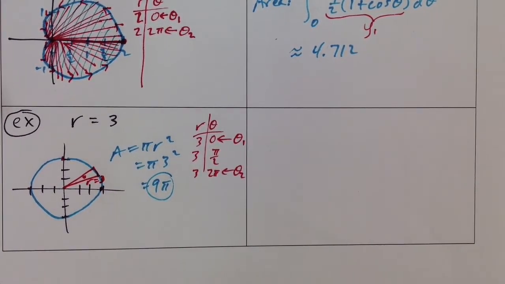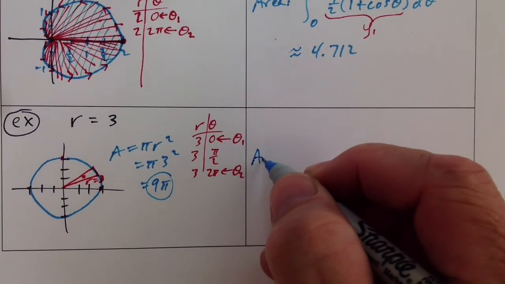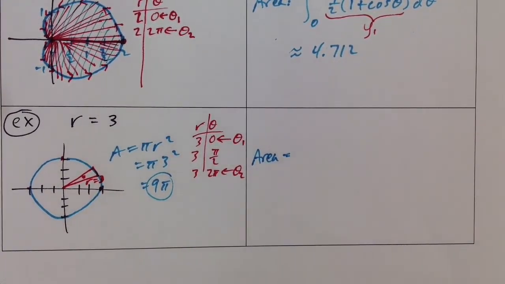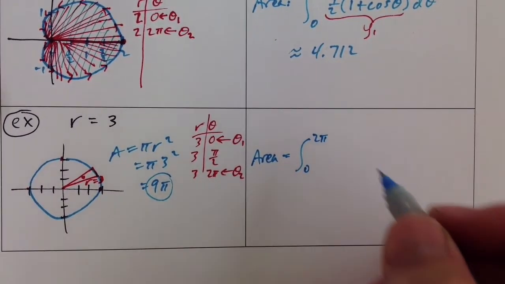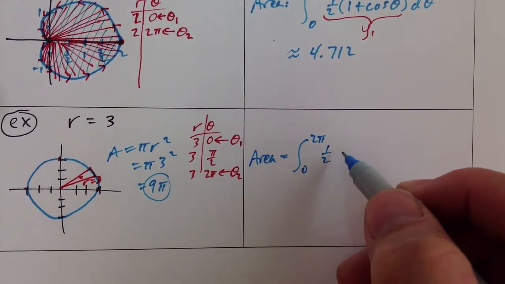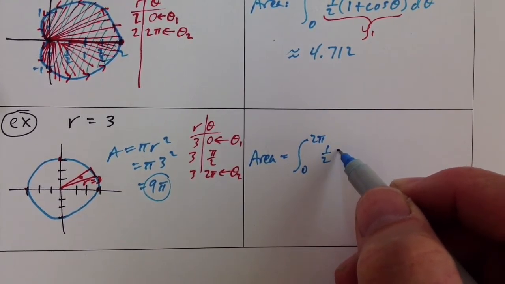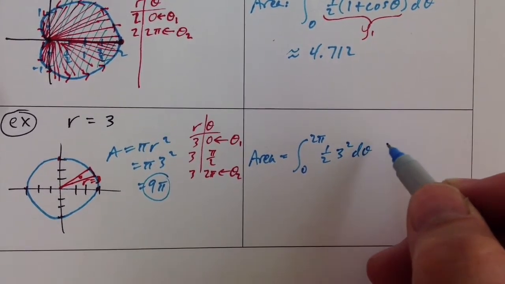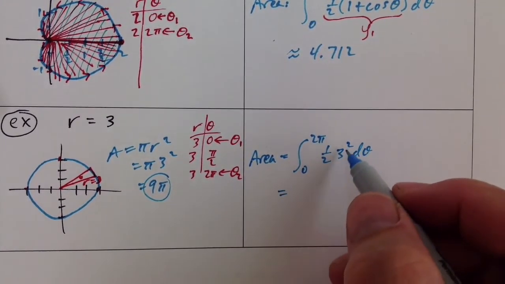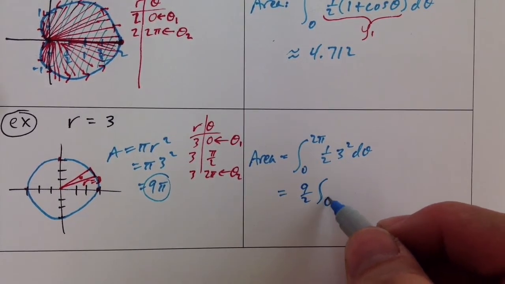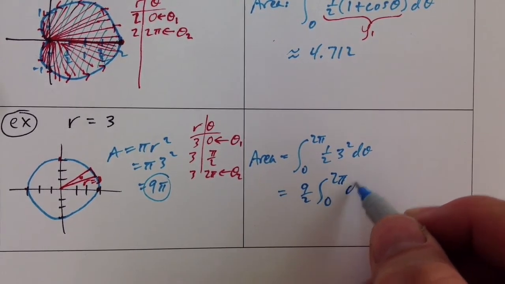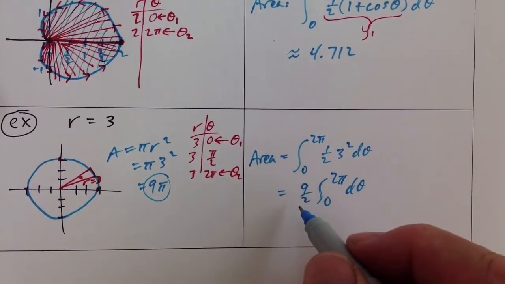Well, again, we just use our formula. And why am I doing this? Because it's fun to show you that the formula actually works even when you don't need to use it. So the area is the integral from 0 to 2 pi of 1/2 r squared, where r is 3, squared, d theta. So we have 9/2 times the integral from 0 to 2 pi of d theta. Well, we can do this by hand, right?